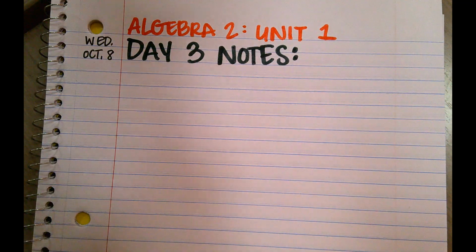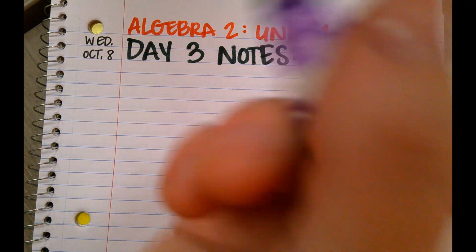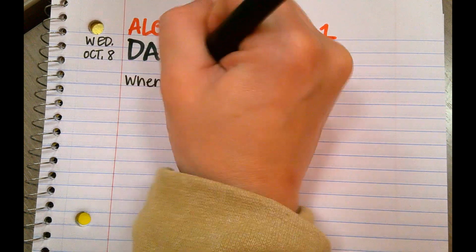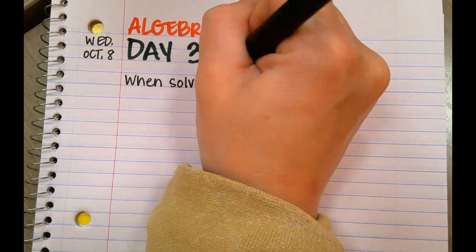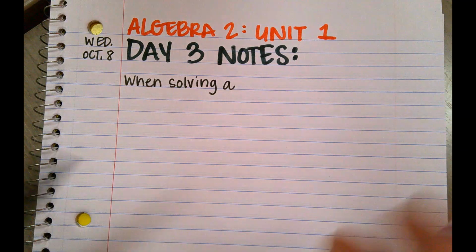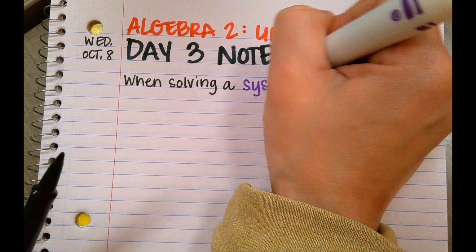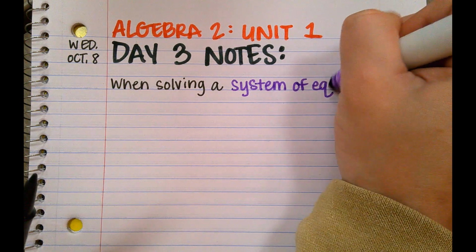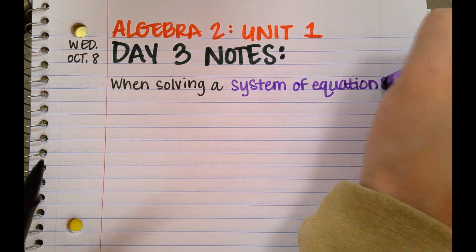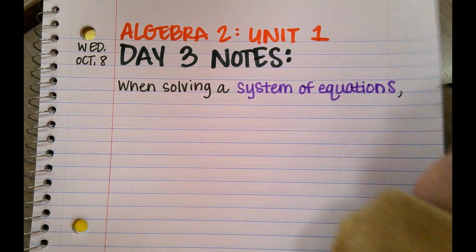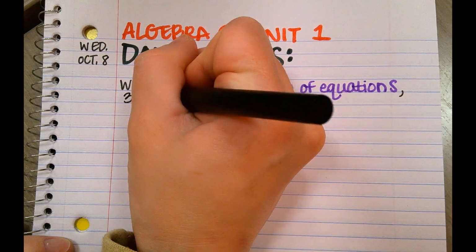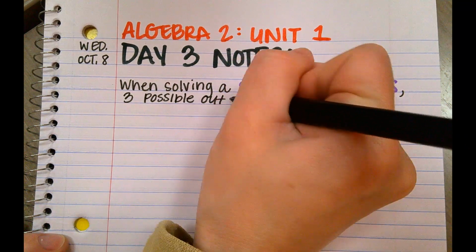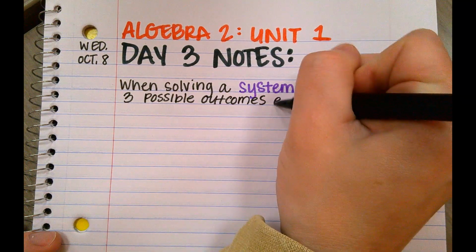Make a little note that says: when solving a system of equations, three possible outcomes exist.